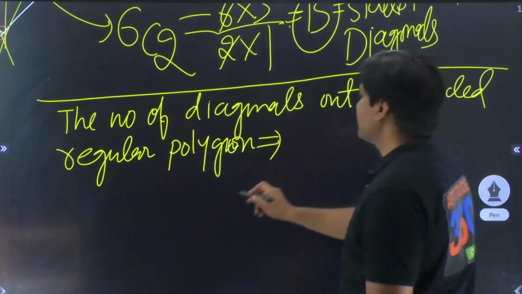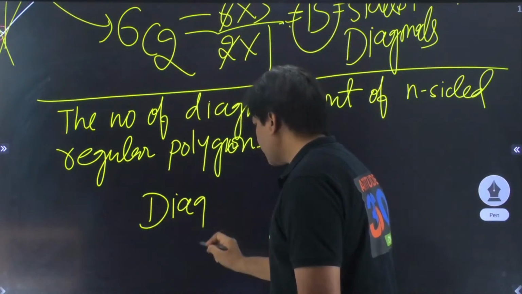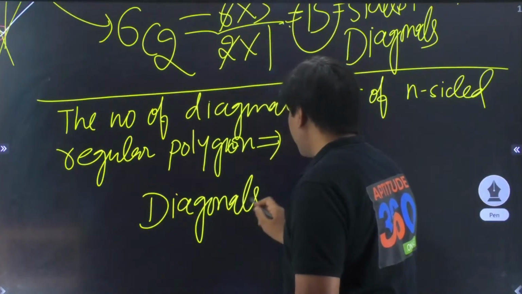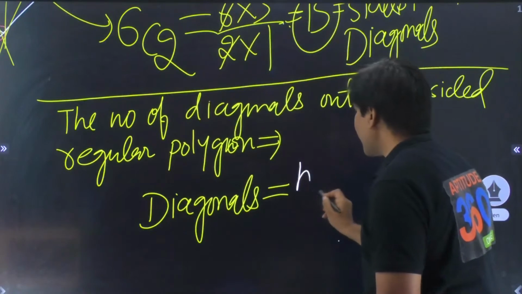And I would say that the number of diagonals will be, please understand this thing out here, it is going to be nothing but nc2.